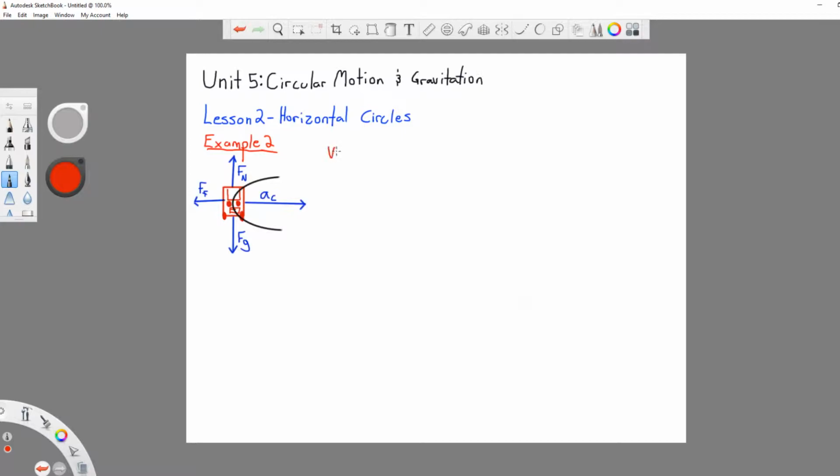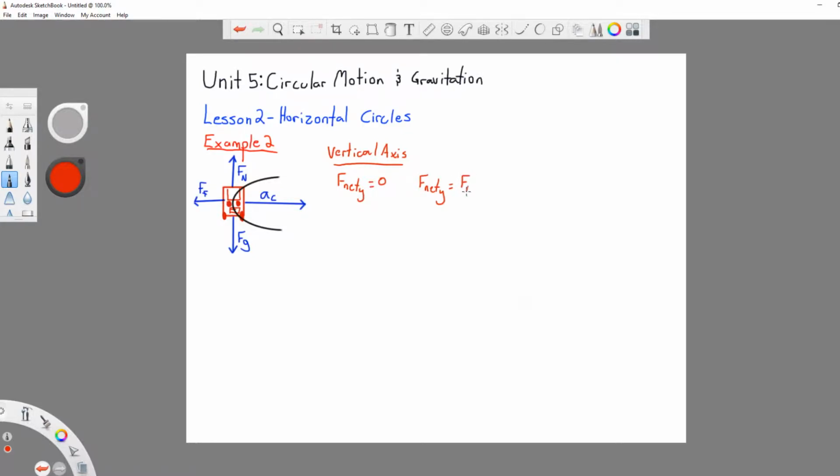So we have the vertical axis. Okay. And here in the y direction, I'm going to say that F net in the y direction is equal to 0. Right? Because this thing's not flying away and it's not sinking into the ground. And I'm also going to say that F net y is equal to the sum of all the forces in the y direction.